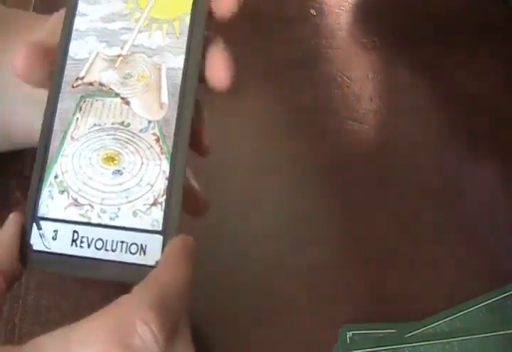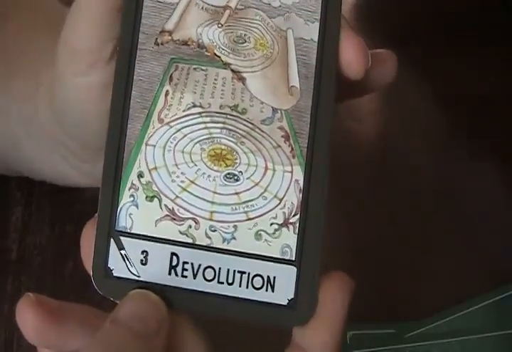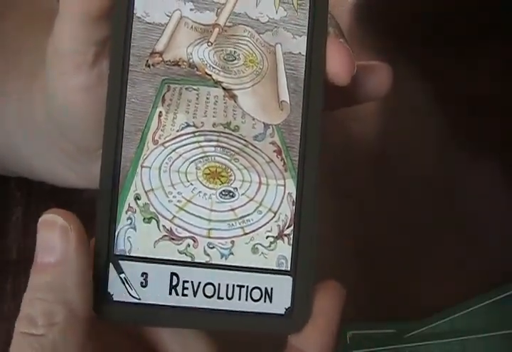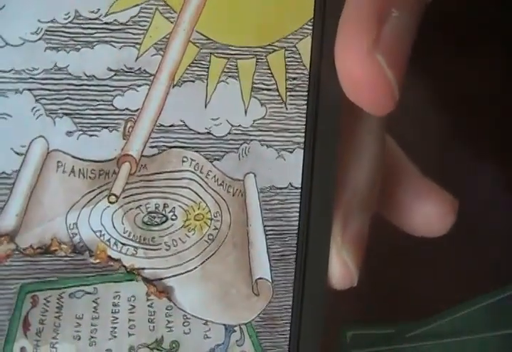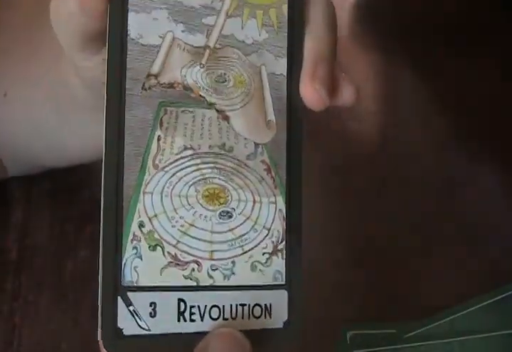Revolution. This is about the solar system. Here's an Earth-centric map, and that model is being burnt for a solar-centric map of the solar system.